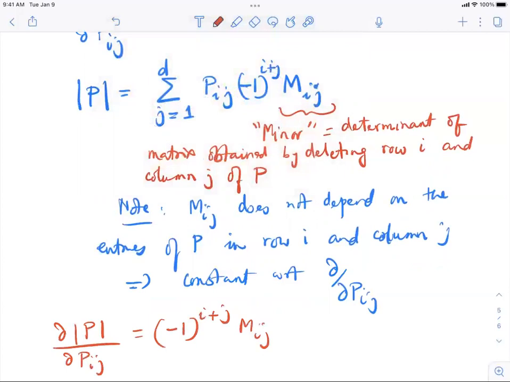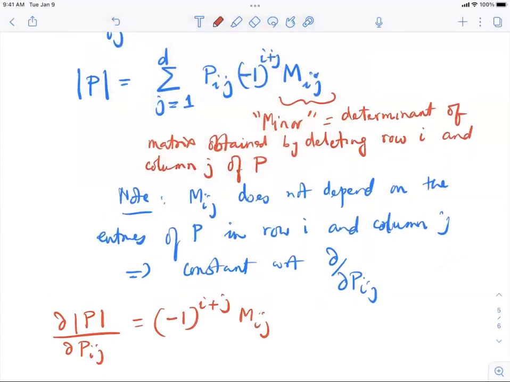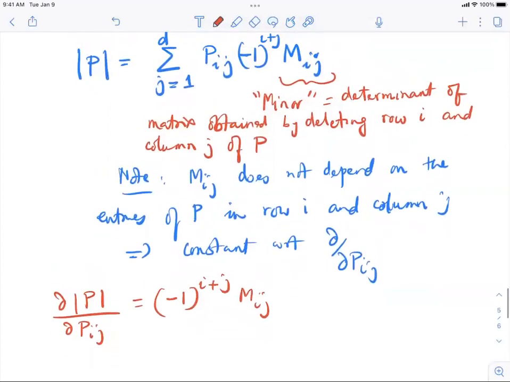Everything else is independent of P_ij, because in all of the other terms, row i has been deleted when computing those minors, which means these minors do not depend on any entry in row i, including the entry that I'm differentiating with respect to, P_ij. So that's how I get that. All the other terms just die out.